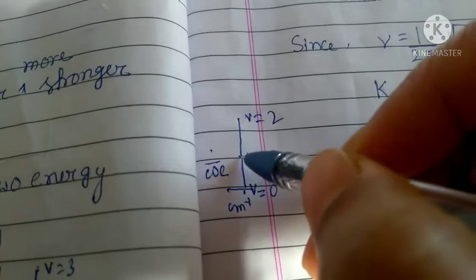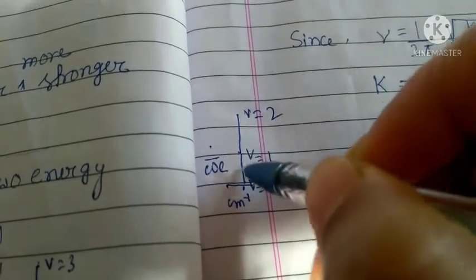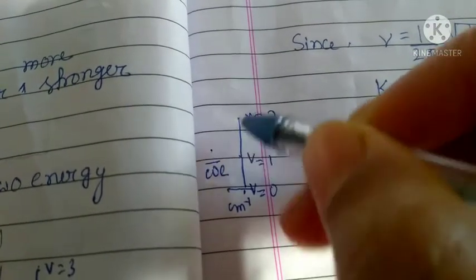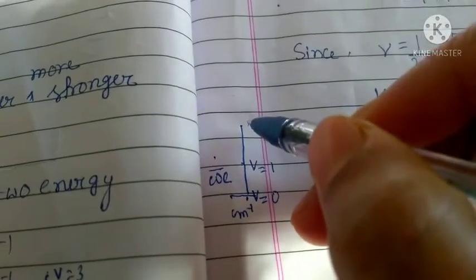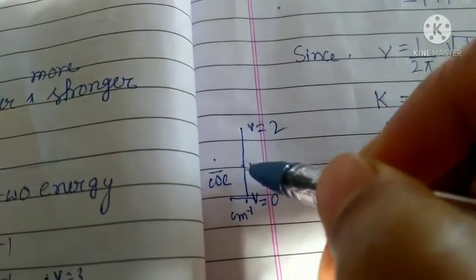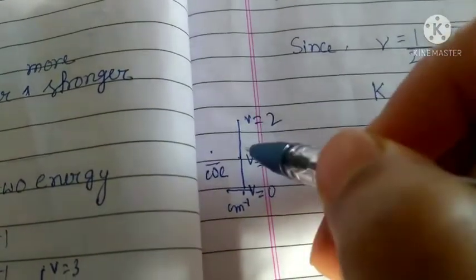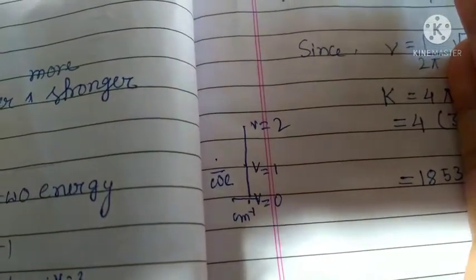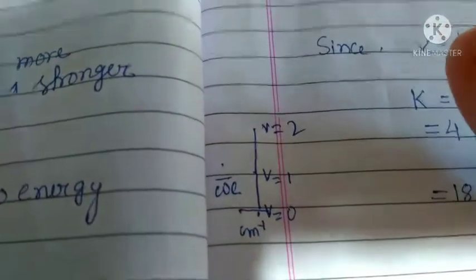So if we get a peak for the transition 0 to 1 at that particular position, the next peak for the transition 1 to 2 will lie at the same position. So we will get only one peak for all possible transitions for a simple heteronuclear diatomic molecule like HCl.